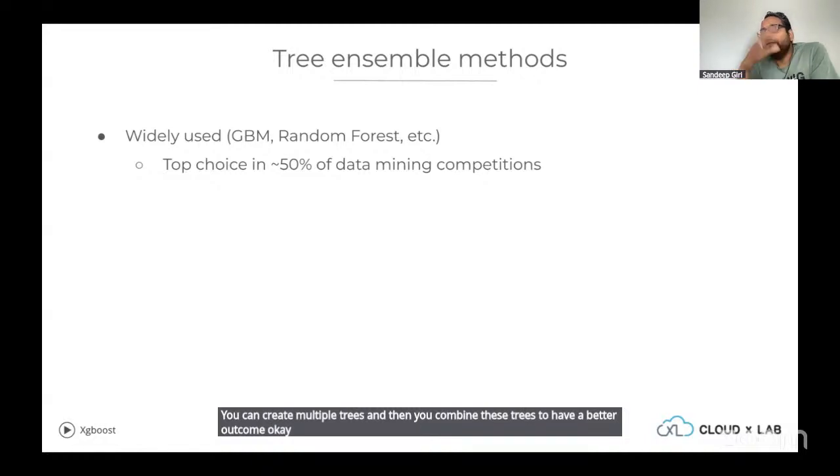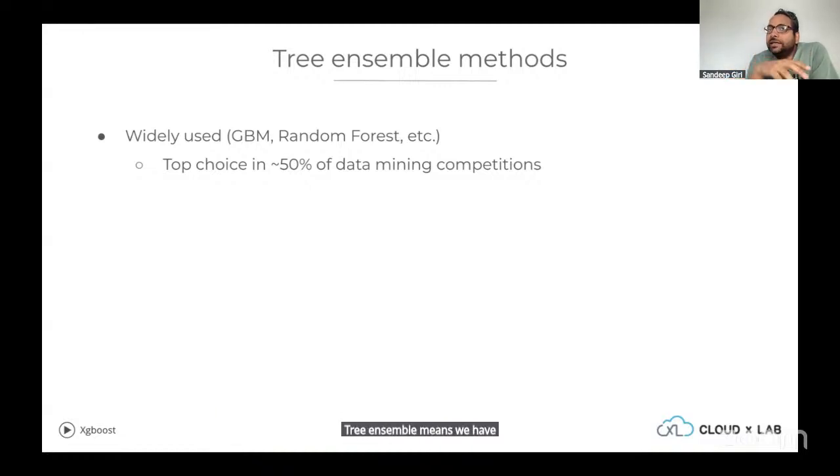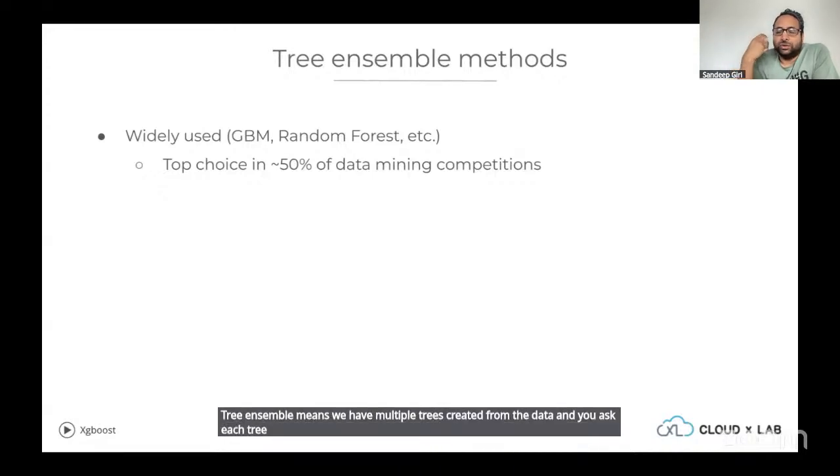So every competition on the internet has been won by using the ensemble method. Tree ensemble means we have multiple trees created from the data, and you ask each tree the outcome. If you have multiple models and you ask them about the probability of the outcome, and you take the average of all, you get the best result.